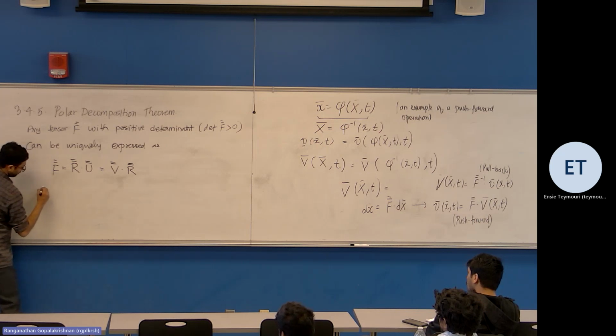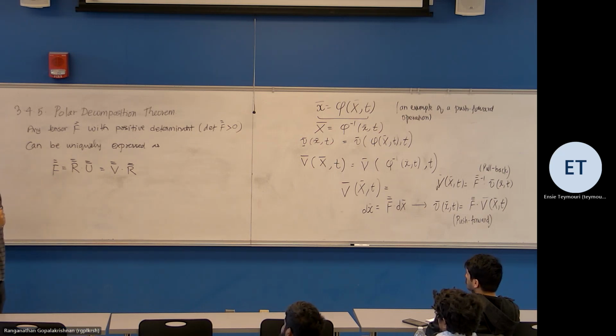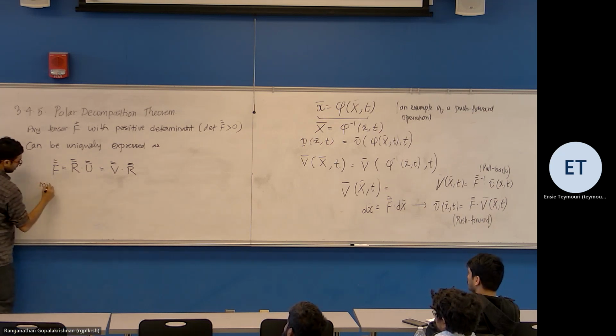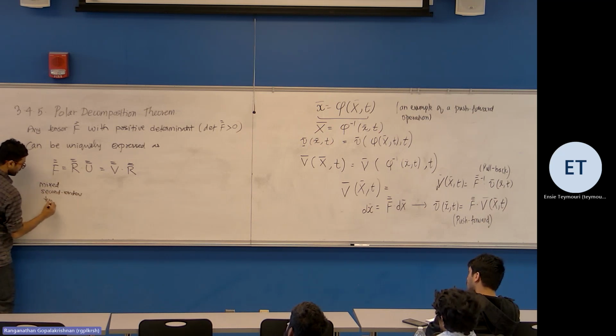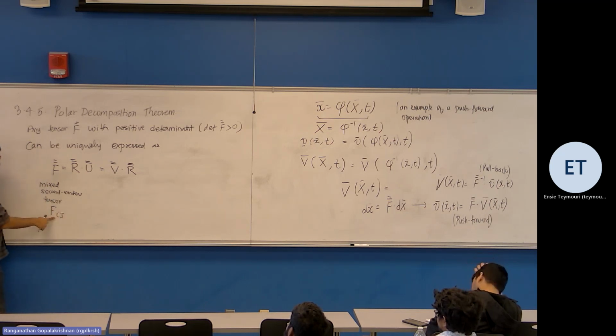What is F? What type of tensor is F? Is it based in the spatial coordinate or in the material coordinate? Mixed. F is a mixed second order tensor. That's why we write F_iJ with one index in the spatial coordinate and one index in the material coordinate.